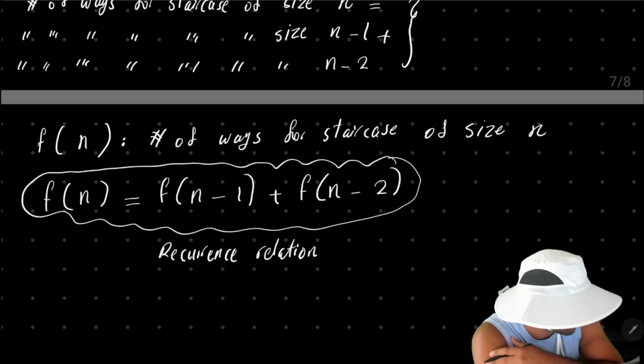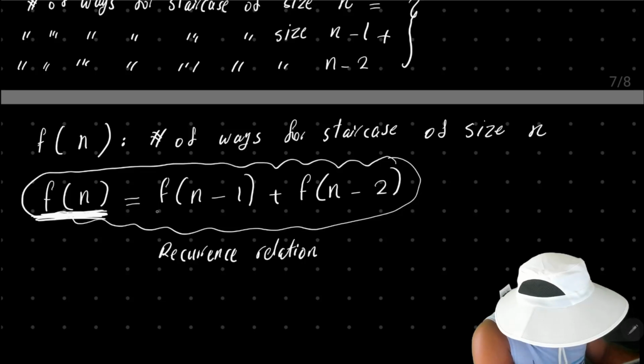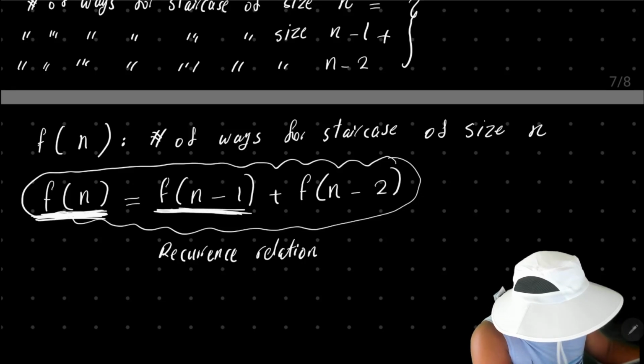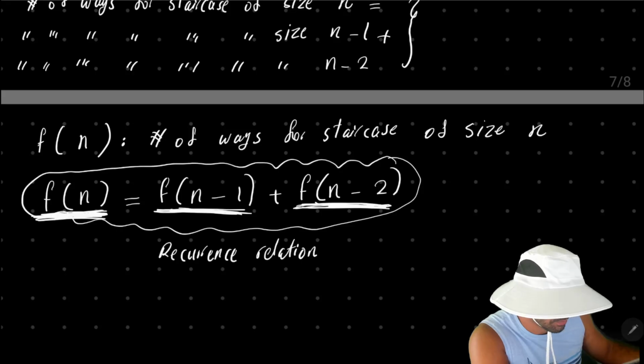There are, of course, other ways to solve it, but that's the first solution I'm going to discuss: if I want to find the number of ways for a staircase of size n, I need to reuse the answer for a staircase of size n minus 1, and reuse the answer for a staircase of size n minus 2.